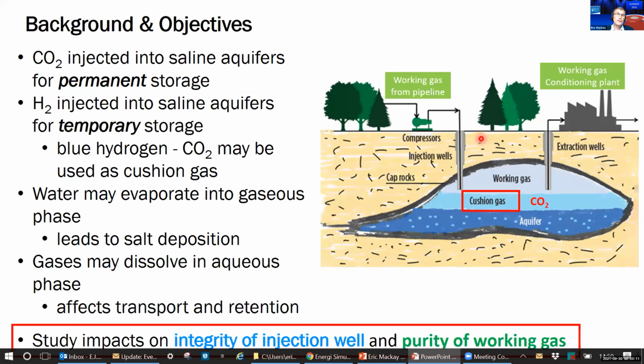And at Heriot-Watt, we're looking specifically at the injection of CO2 into saline aquifers and depleted oil and gas fields. And I'll mention one project here on saline aquifers. And then also looking at hydrogen injection into saline aquifers also, but here for temporary storage, so the hydrogen can be recovered.